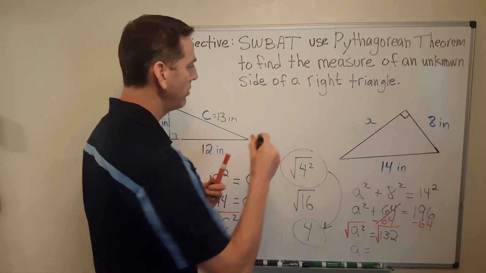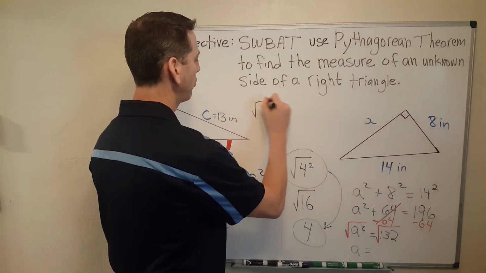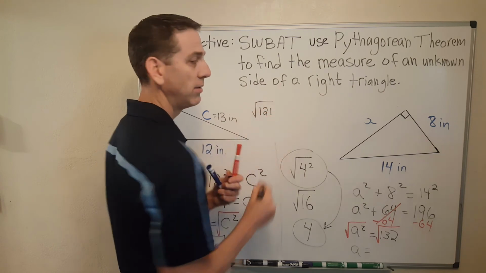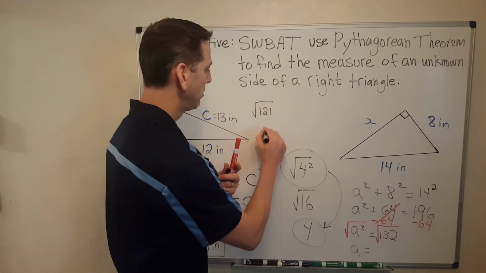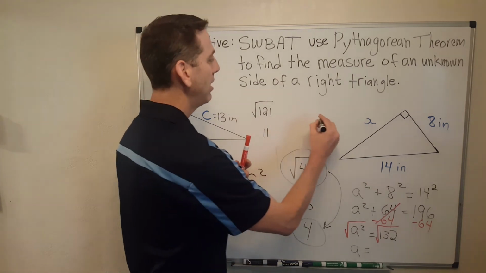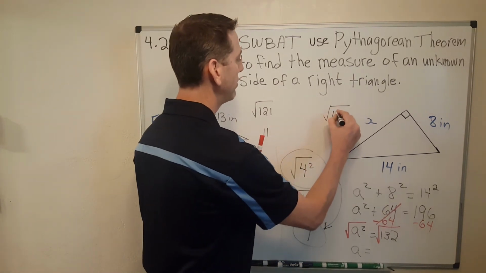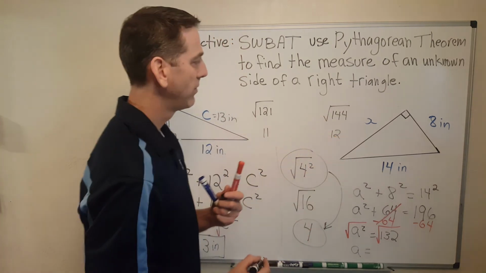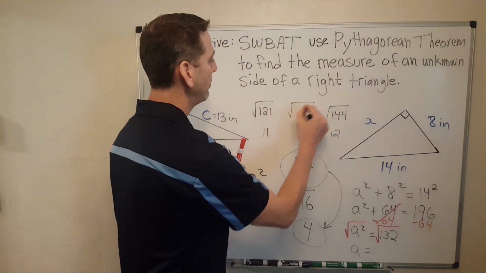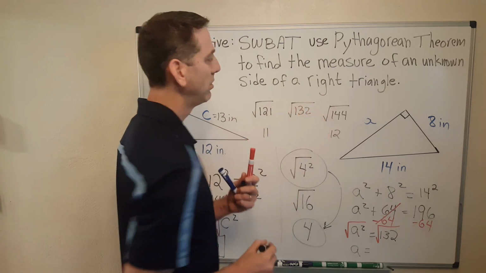I do know the square root of 121 is 11, correct? And I do know the square root of 144, which is 12. But what's the square root of 132?